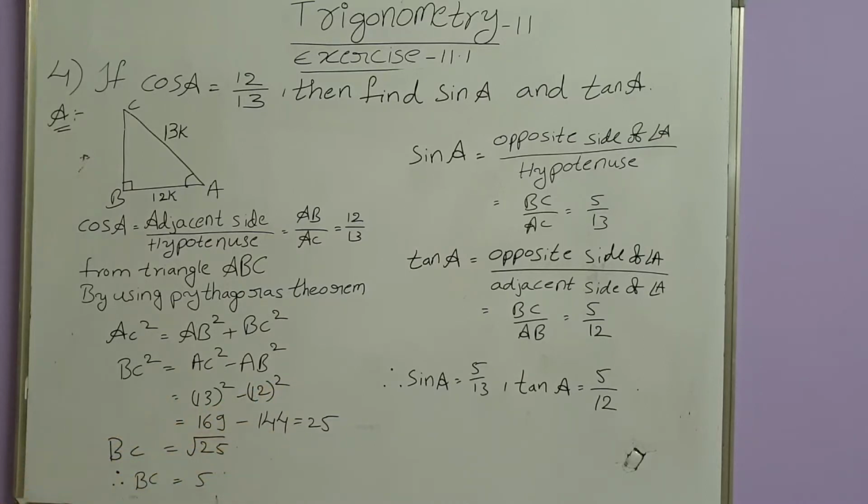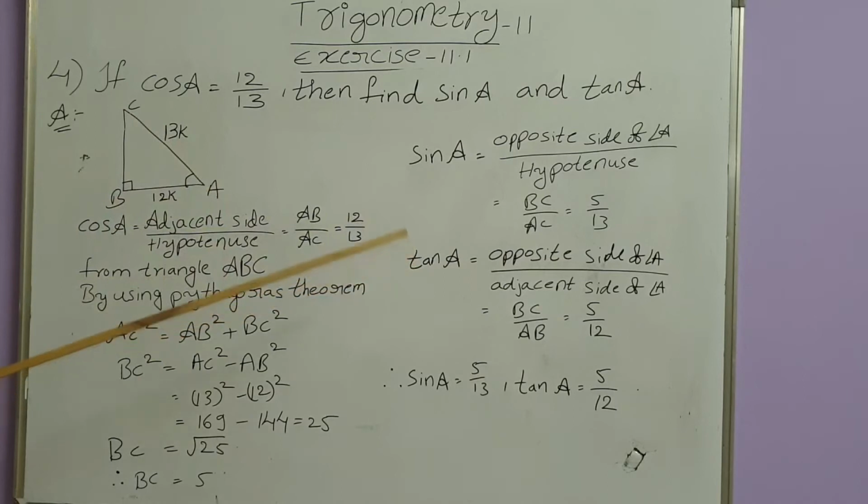Now we want BC value. This square take to this side, it will get root of 25. BC is equal to 5. And now we want sin A. What is sin A? Sin A is opposite side of angle A by hypotenuse. Opposite side is BC. BC value is 5 by hypotenuse is AC.